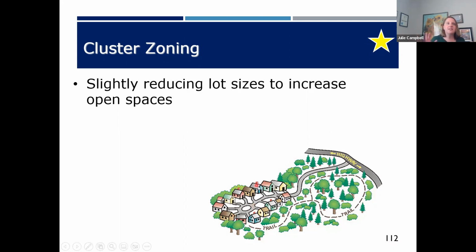That's allowed because of cluster zoning. The developer can utilize this zoning to help increase that open space. The more houses they build and sell, the more money they make. Yes? So cul-de-sacs can kind of help.